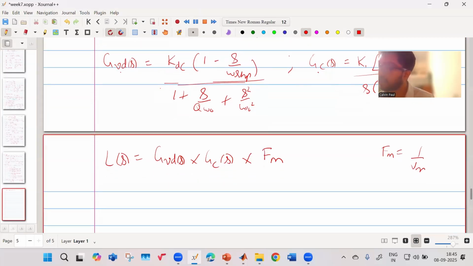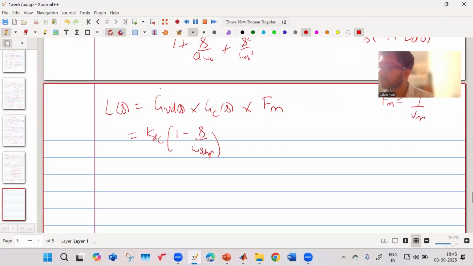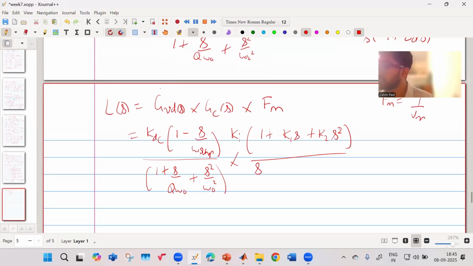So you will get it in the form of Kdc into (1 minus s upon omega RHP) upon (1 plus s upon Q omega naught plus s square upon omega naught square) into Ki into (1 plus K1 s plus K2 s square) into 1 upon Vm, upon s into (1 plus tau d s). Okay.